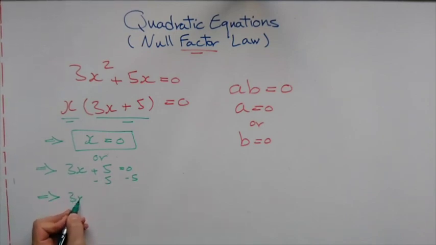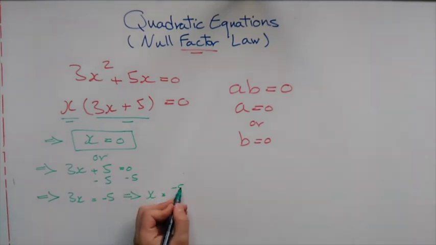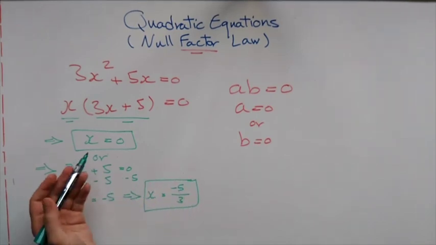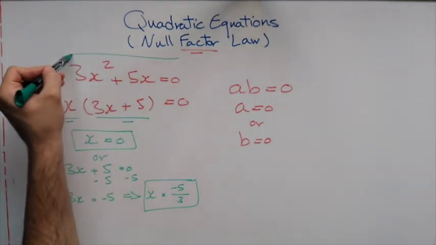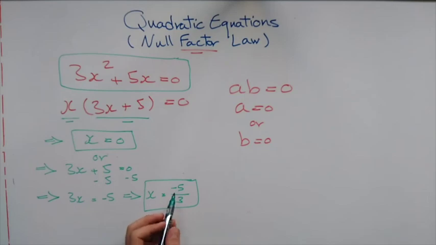Then we'll get 3x equals negative 5, and as a result, x equals negative 5 over 3. So the two possible answers for this quadratic equation are either 0 or negative 5 over 3.